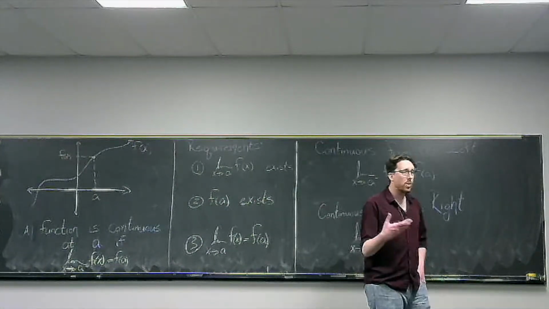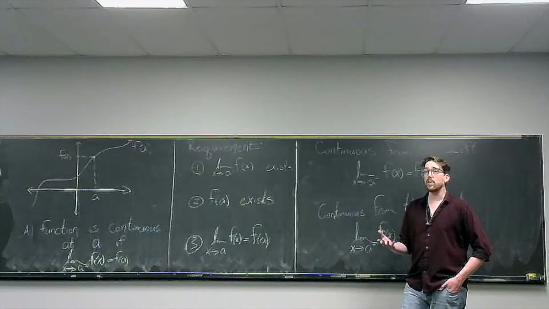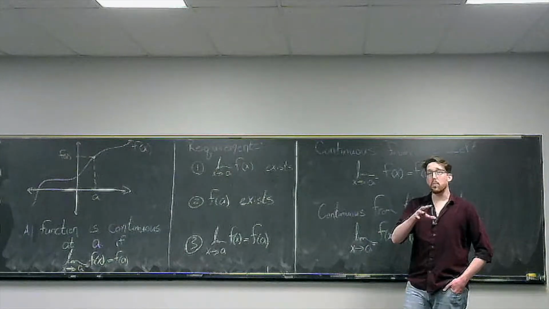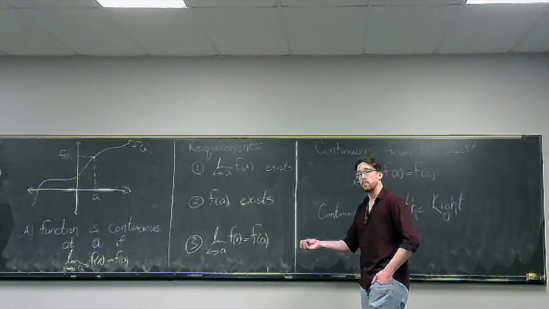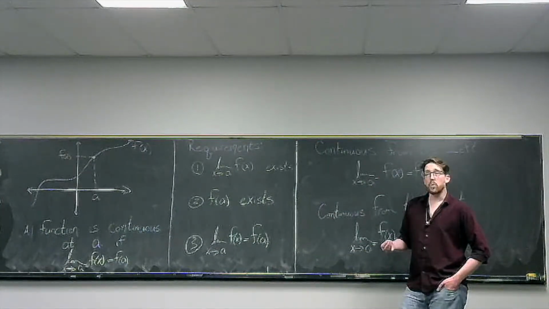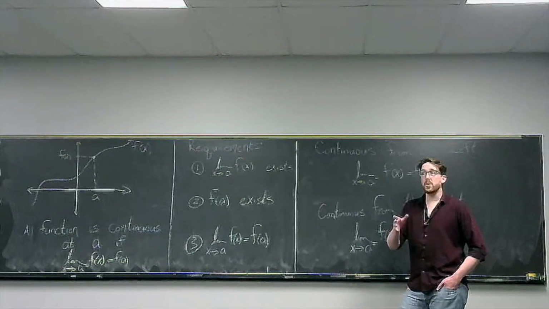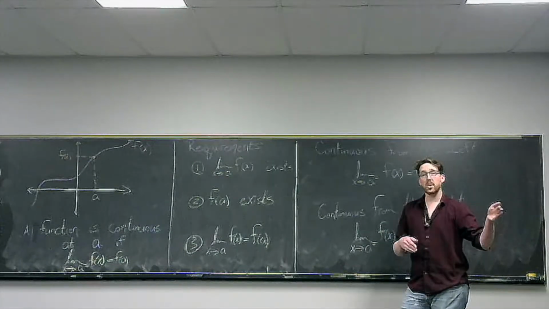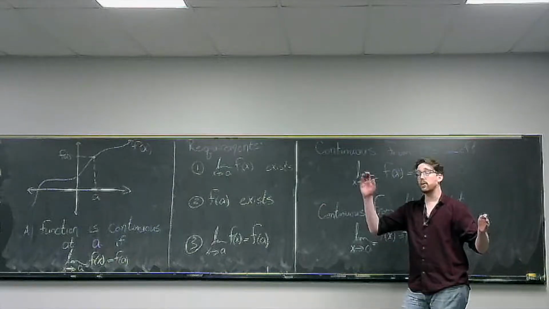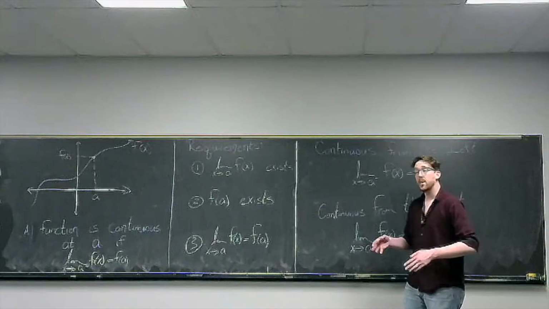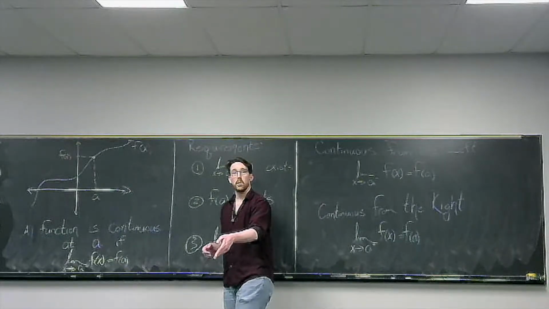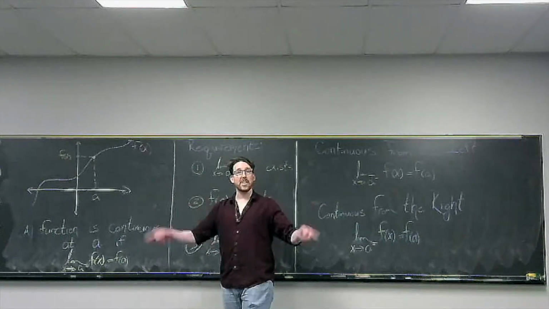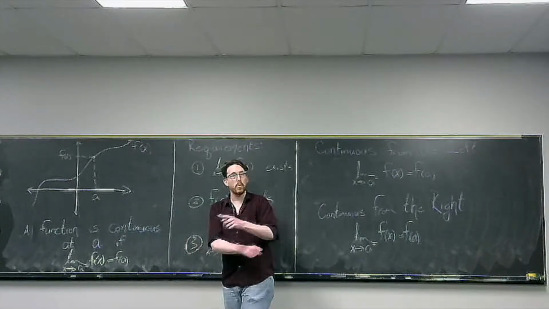So oftentimes when talking about continuity and discontinuity, it's easier to talk about where you're discontinuous than it is to talk about where you're continuous. So instead of saying I'm continuous from negative infinity to 1 and 1 to infinity, you could say I have a function that is discontinuous at 1. So it says the exact same thing, just the other way around, right?